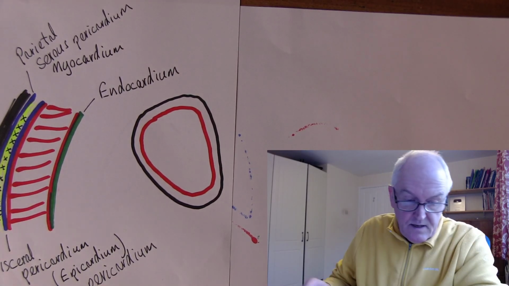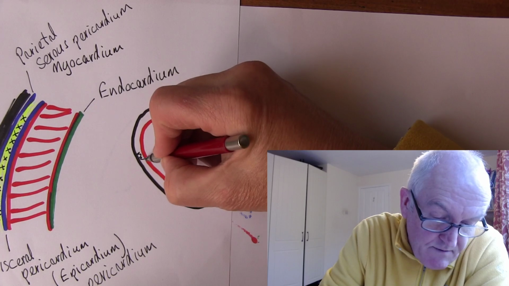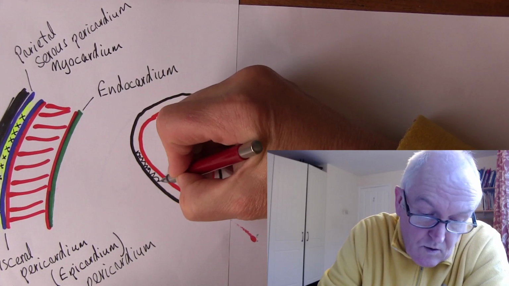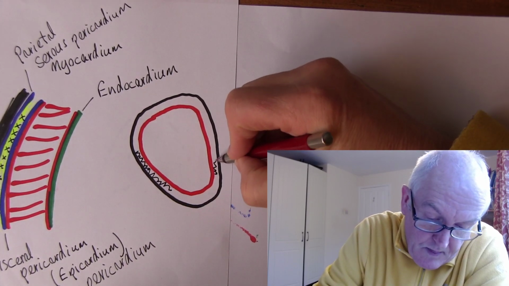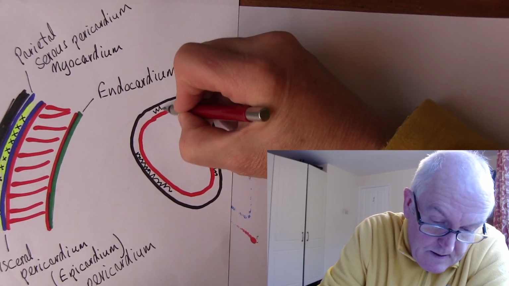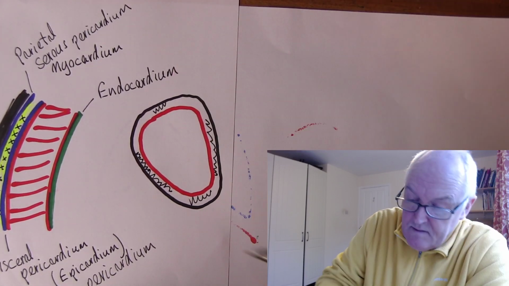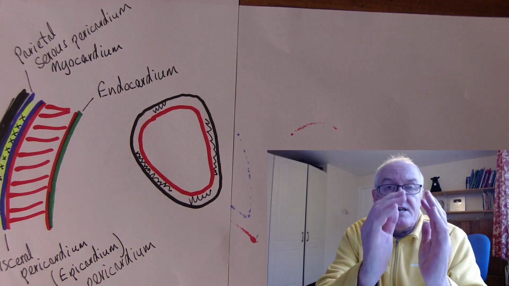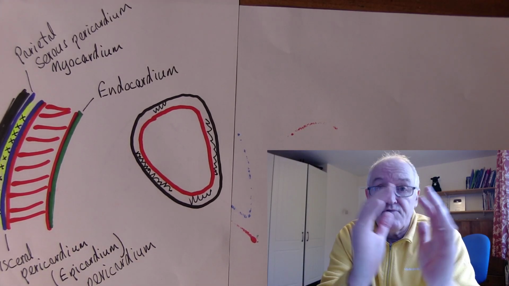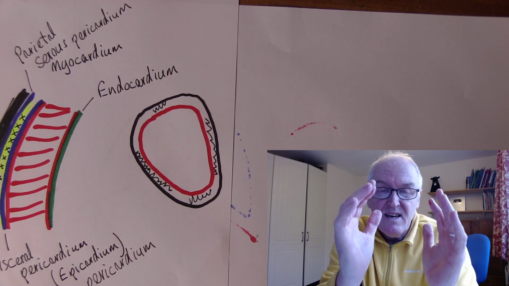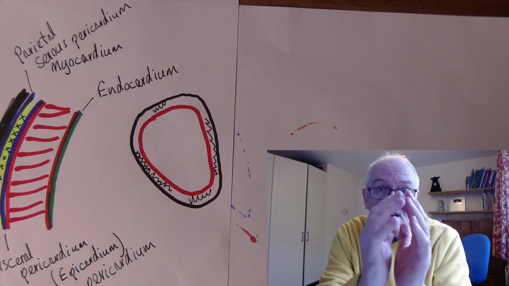So if there's any fluid accumulating here, whether it's inflammatory fluid or blood, then that can generate some expansion of the pericardial sac, but that's tough fibrous tissue, so only so much, then that will stop. So after that it will start compressing the heart.